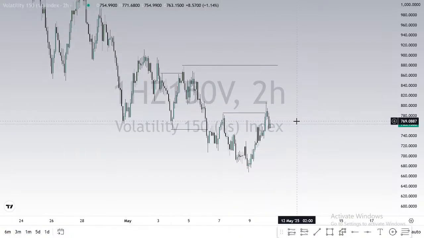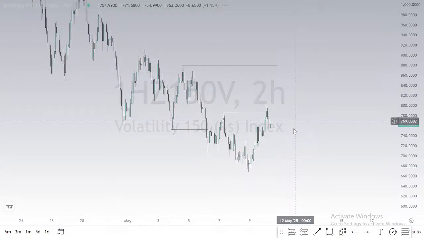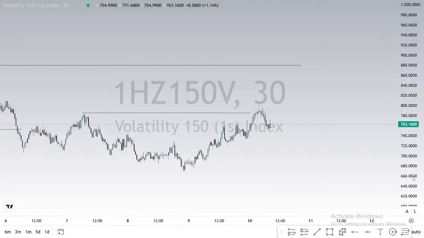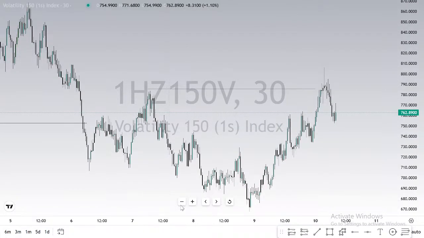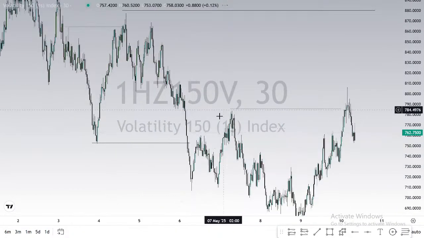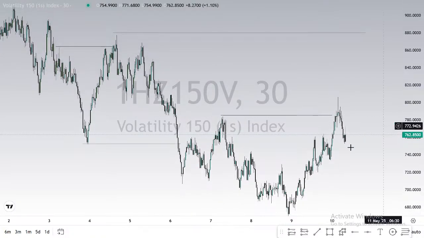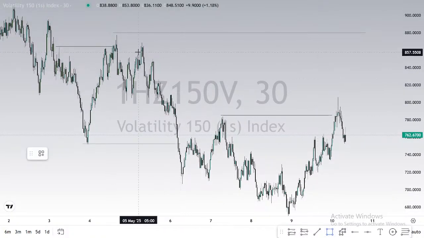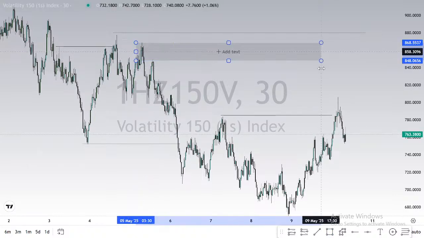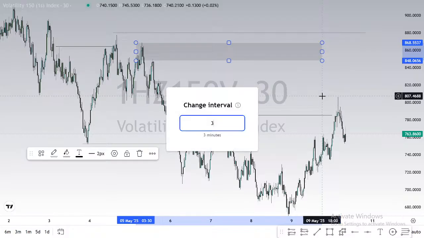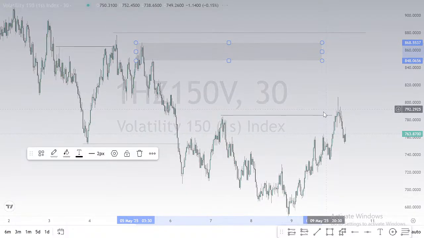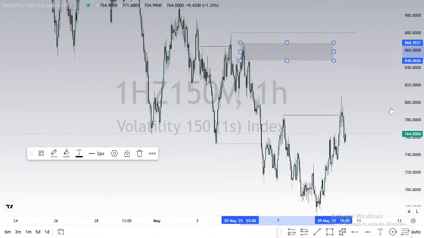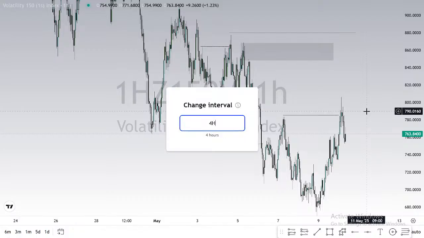So my point of interest, let's go to 30 minutes time frame. Number one point of interest, let me see what it looks like on 1 hour rather. Then let's check 4 hours time frame.